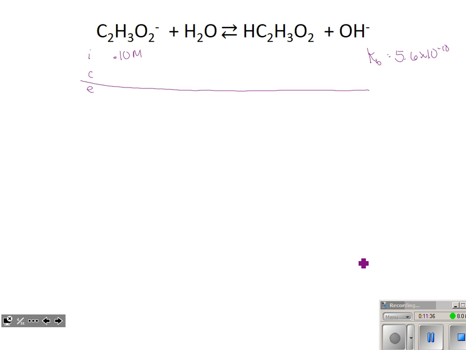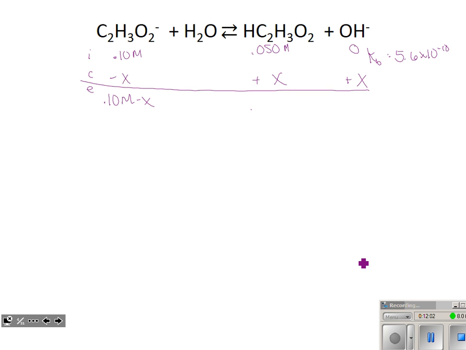Sodium is a spectator, so we ignore it. And we're starting with 0.05 molar acetic acid and no hydroxide. We know that the concentration of acetate ion will go down, and these concentrations will go up by the value x, which means at equilibrium, 0.1 molar minus x.